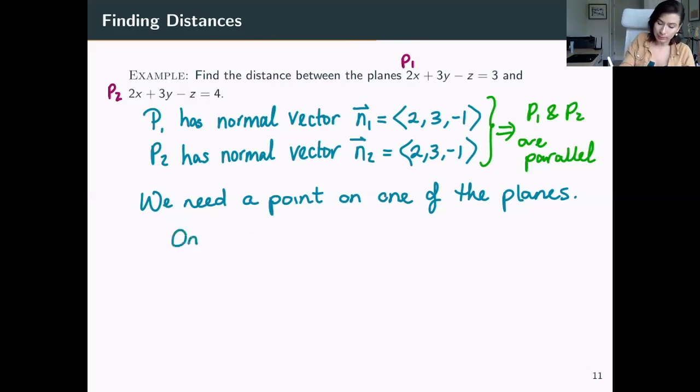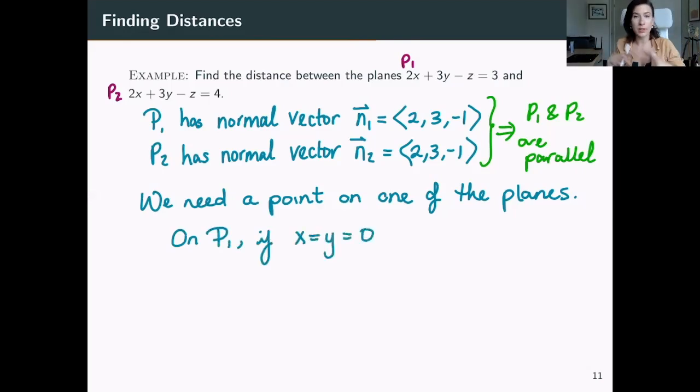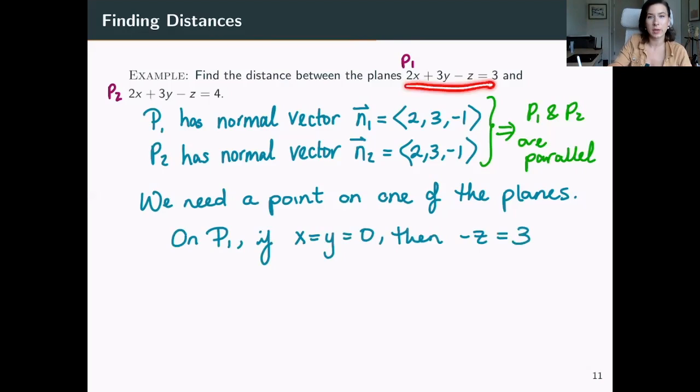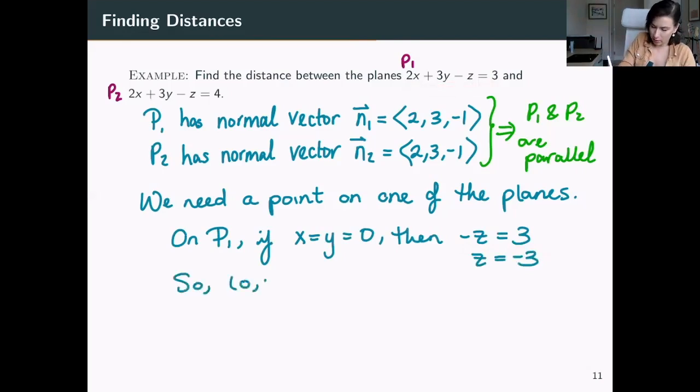On plane number 1, if we choose x equal to y equal to 0, then we plug in 0, 0, so we get negative z equal to 3. So that just means that z is equal to -3. So we know that the point 0, 0, -3 is on our plane 1.